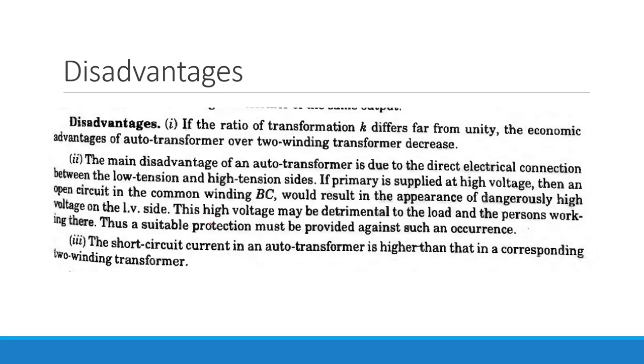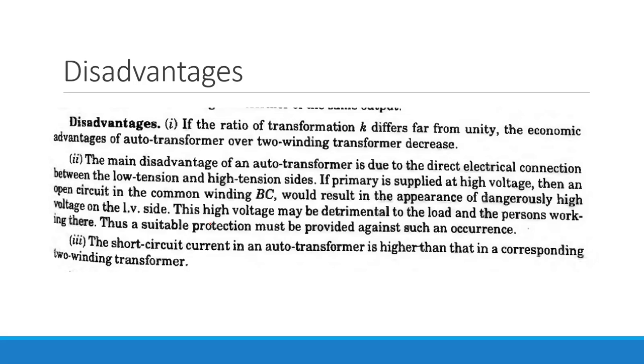When the primary is supplied at high voltage on the HV side, an open circuit in the common winding BC is going to result in the appearance of very high voltage on the LV side. When there is high voltage, what would happen to the load?